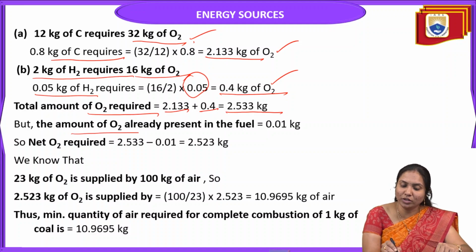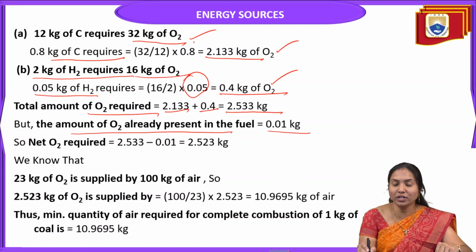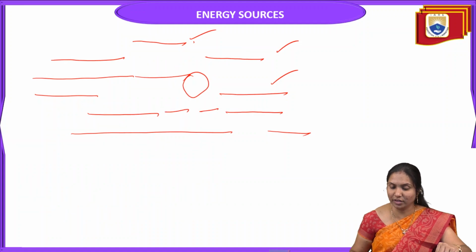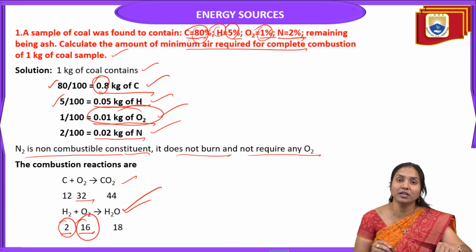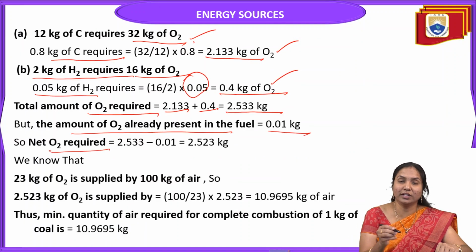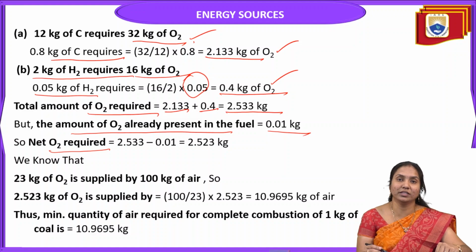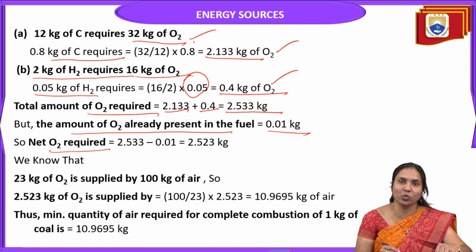But the amount of oxygen already present in the fuel is 0.01 kg, already given in the problem. So for net oxygen required, we subtract the oxygen already present in the fuel from the total oxygen required.